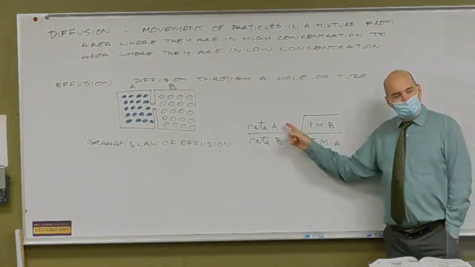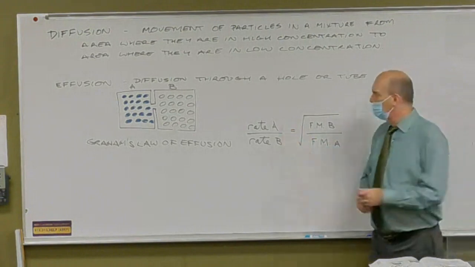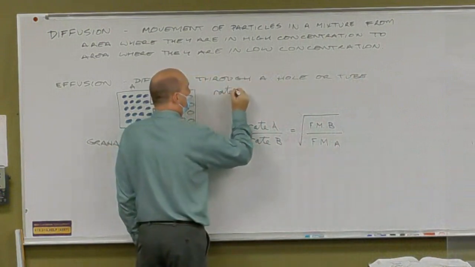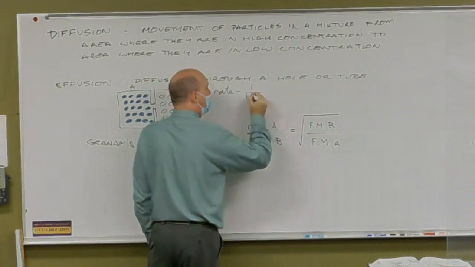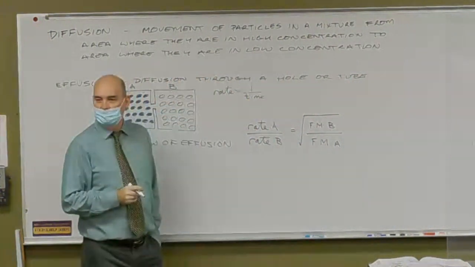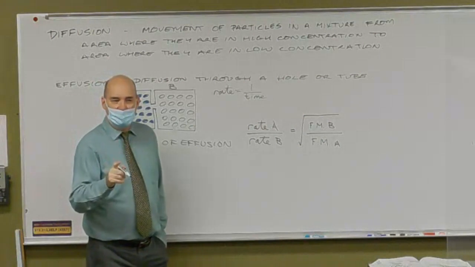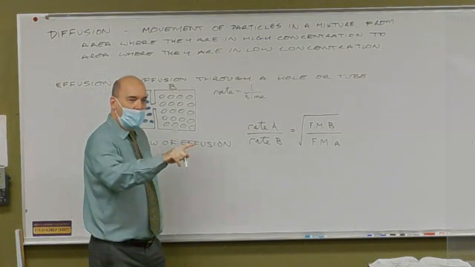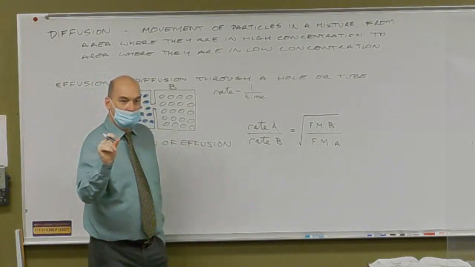So if the ratio of rate to rate, and remember that a rate is something over time. Rate and time have an inverse relationship. If you're going very, very fast, it takes you a short amount of time to get there.